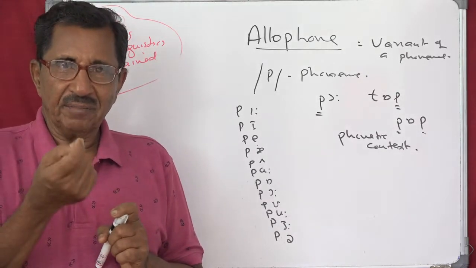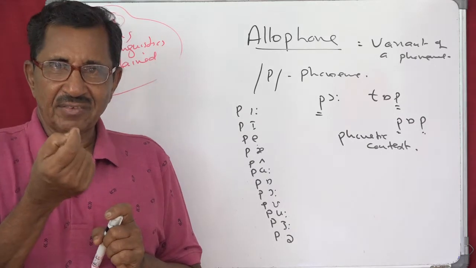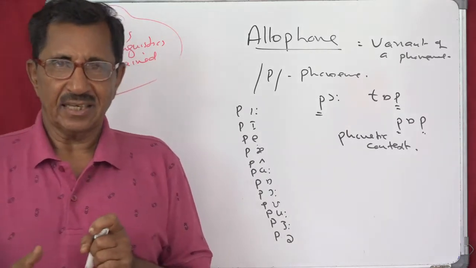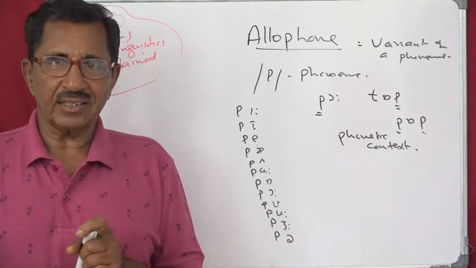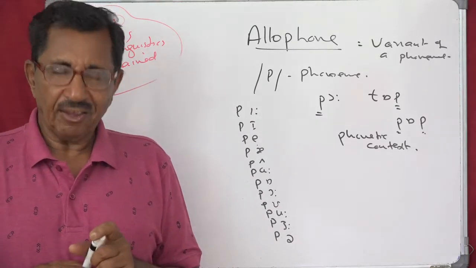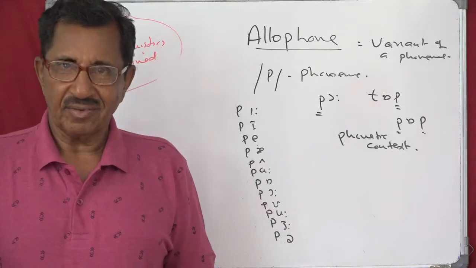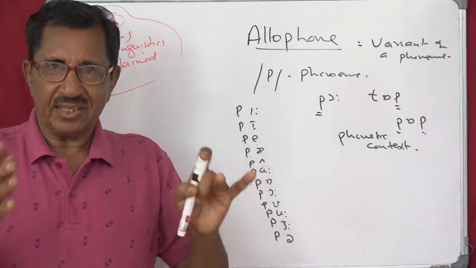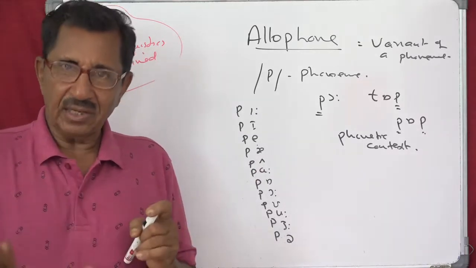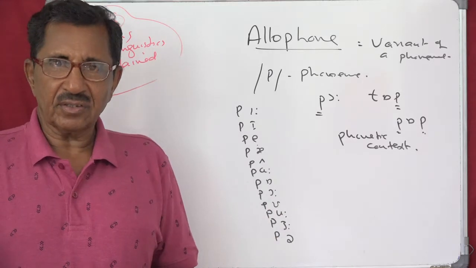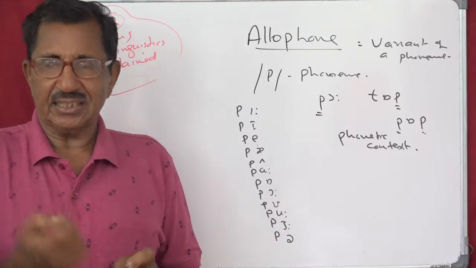And when a phoneme is changed, even if the change is slight, it becomes a variant. Therefore, in actual speech, we use only allophones. But the pure sound remains as such: bilabial, voiceless, plosive. In phonetic context, they undergo slight changes.